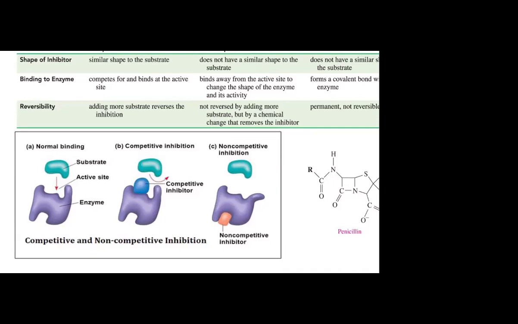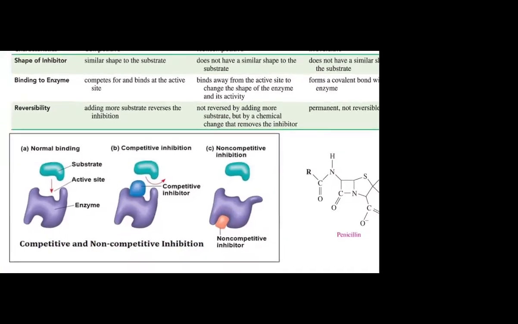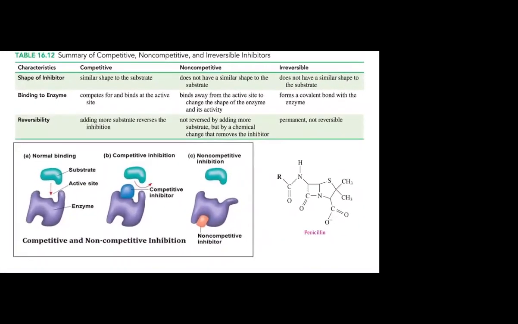So let's move on to the other type of inhibitor, which is the non-competitive inhibitor. When we look at table 6.12, a non-competitive inhibitor does not look like the substrate, okay? Its role in how it inhibits an enzyme is that it's going to bind in a site in the enzyme that is not the active site, okay?